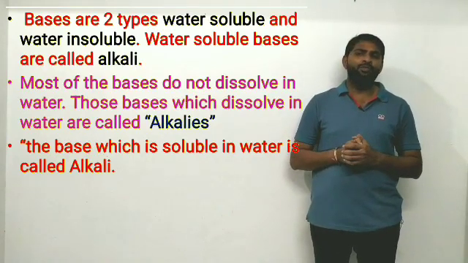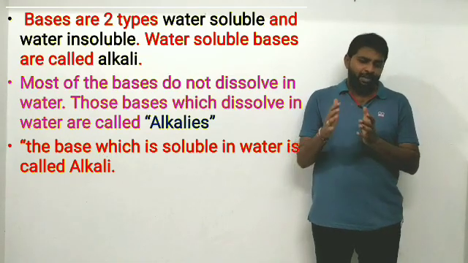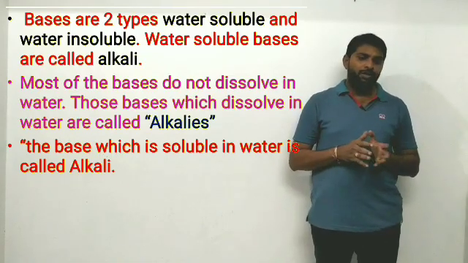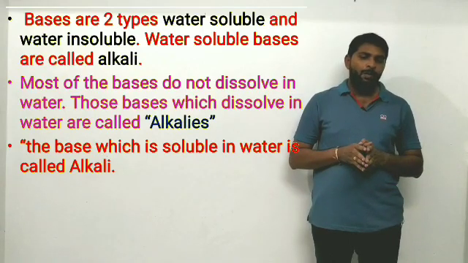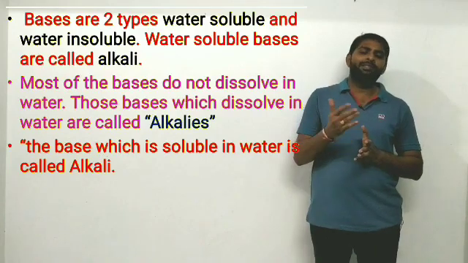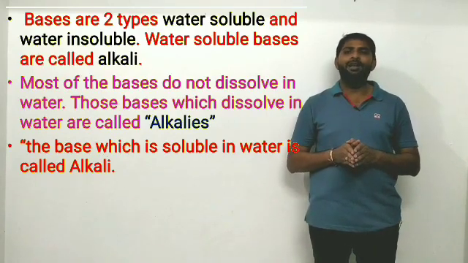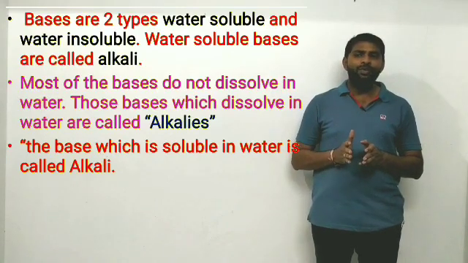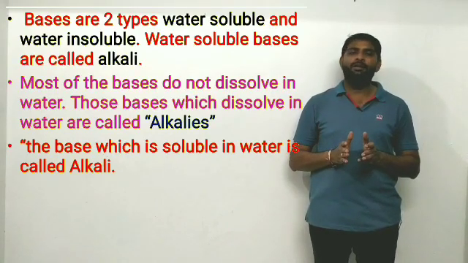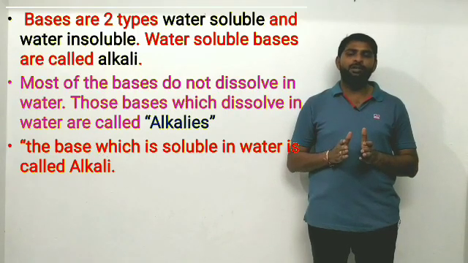Those bases which dissolve in water are called alkalis. Most bases are insoluble in water, but some bases can dissolve in water, and those bases are called alkalis. The base which is soluble in water is called an alkali.